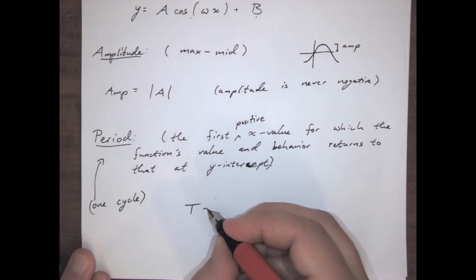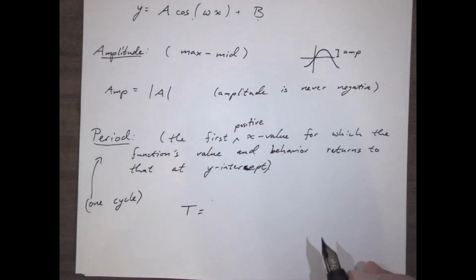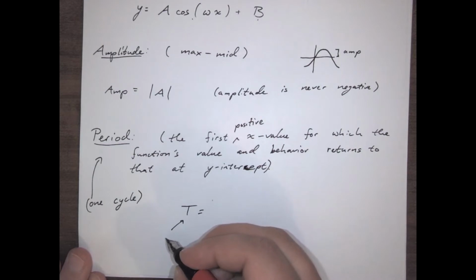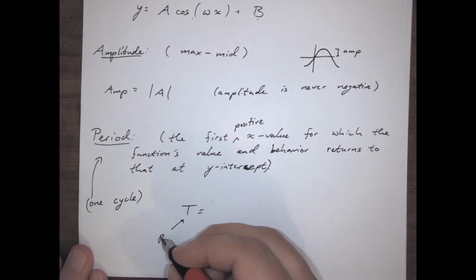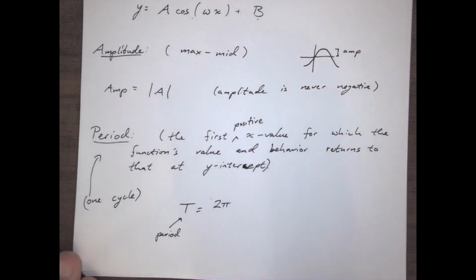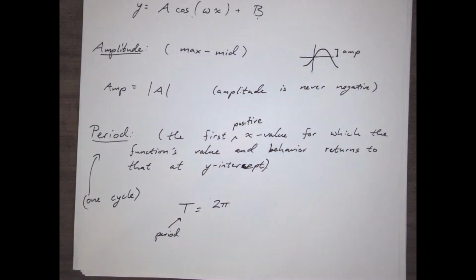Alright, so we can write period as a capital T or a capital P, either way. Slightly more common to write it with a T, I think. And ordinarily this would be 2 pi for an unadulterated sine or cosine. However, if there has been a horizontal adjustment, namely if it has been sped up or slowed down, that factor will affect the period.